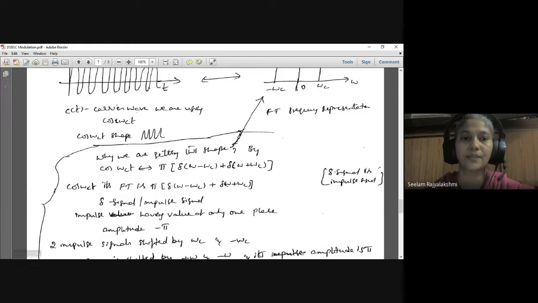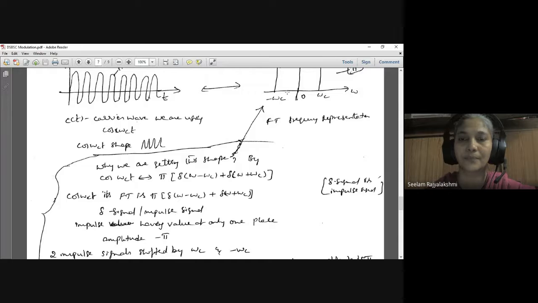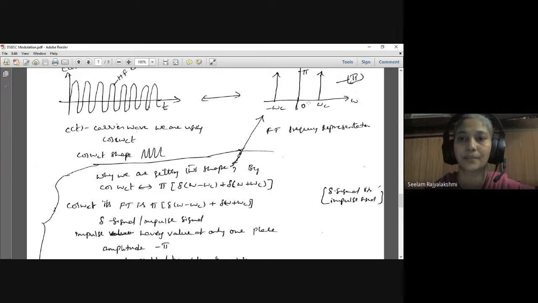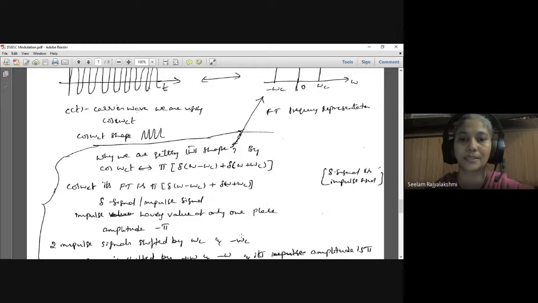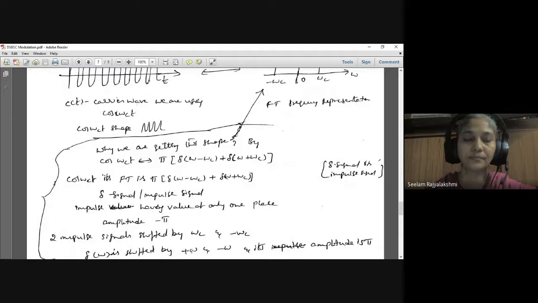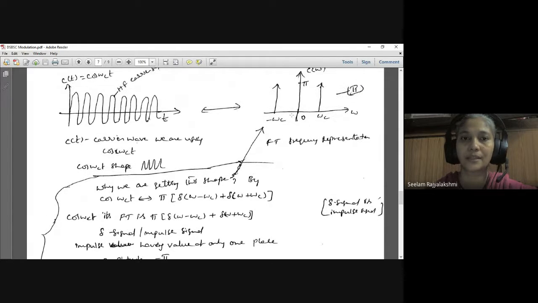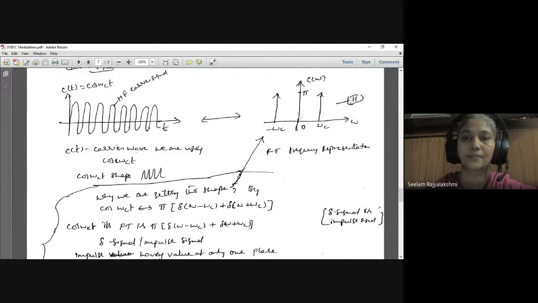The two impulse signals are shifted by omega c and minus omega c. So delta omega is shifted by plus omega c and minus omega c, and its amplitude is pi. So this is the Fourier transform frequency representation for this carrier wave.